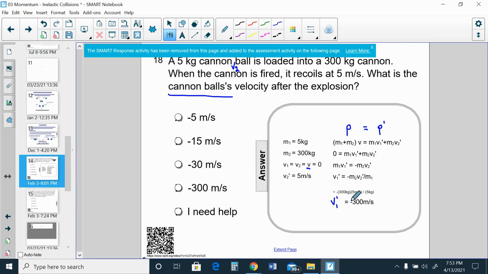Now the negative symbol means that it is heading in the opposite direction as object 2, which makes sense because if you imagine a cannon being fired, you see that recoil. The ball heads in one direction and the cannon recoils backwards, or in the opposite direction, as a result.